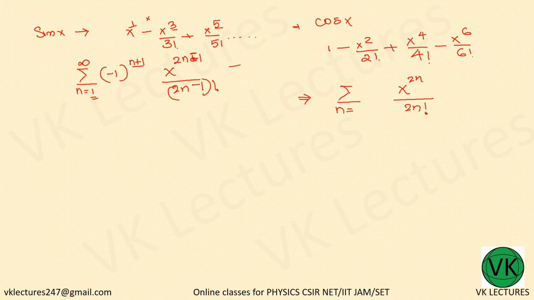So n equal to 0, but alternate plus and minus is there, so minus 1 whole to the power n, since the first plus term goes here. Okay, that's fine.